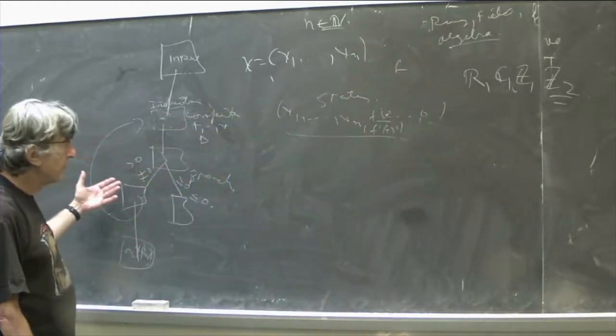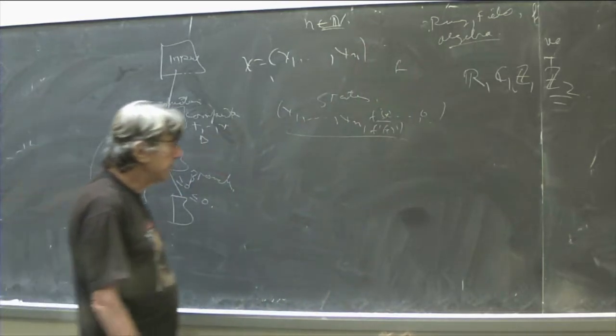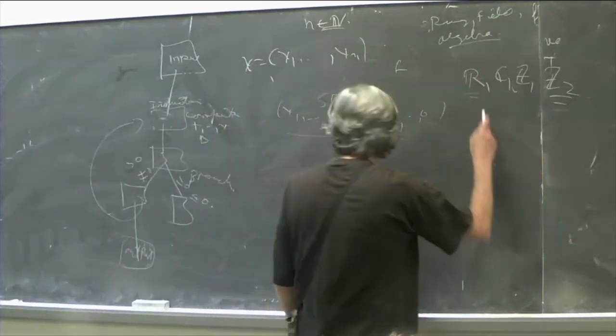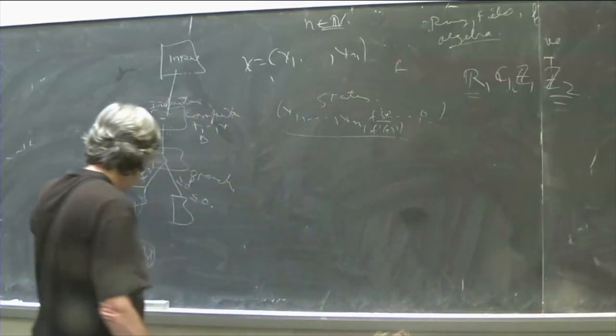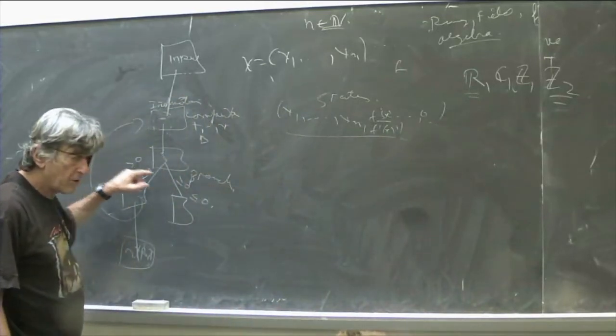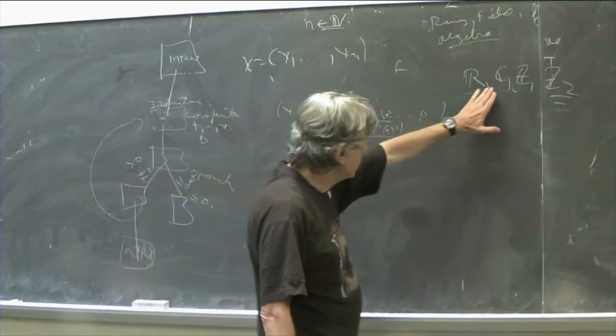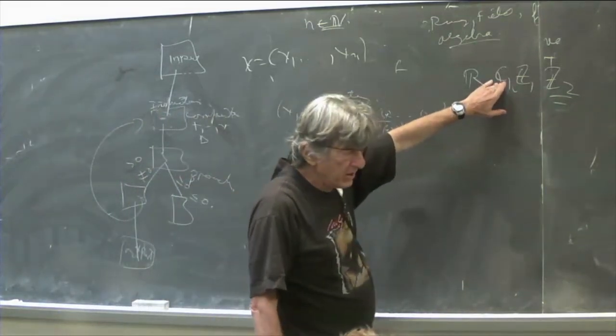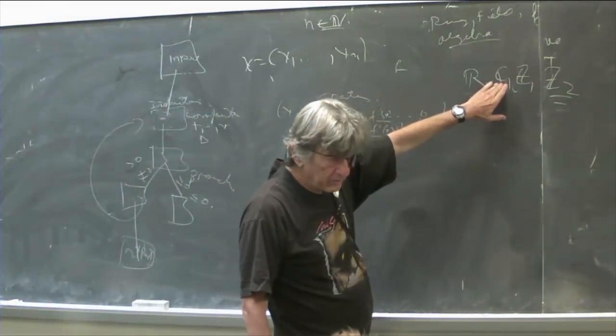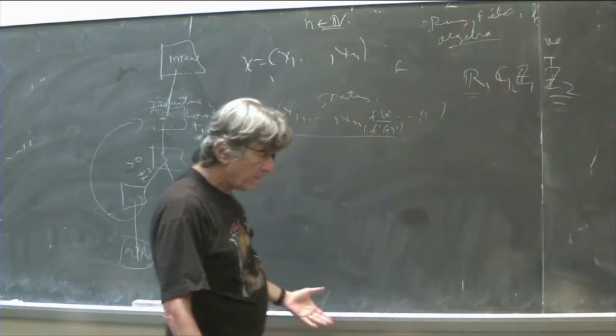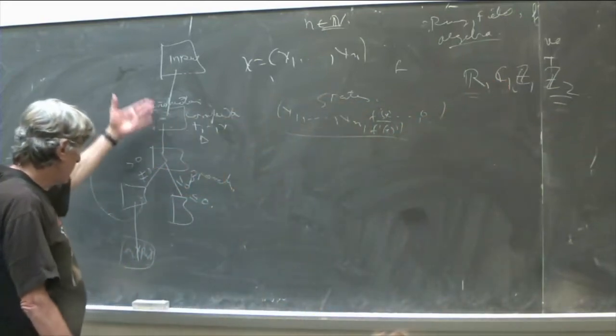And then the branching for a field depends on whether the field is ordered. Here, you branch on bigger than 0 or less than or equal to 0. And here, where you don't have an order, you branch on equal to 0 or not equal to 0.